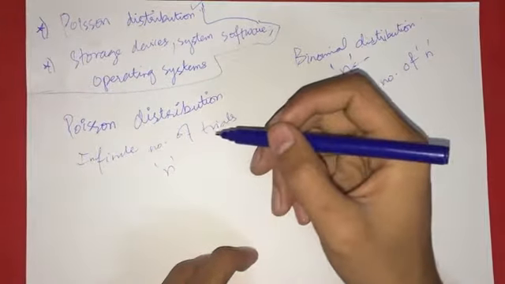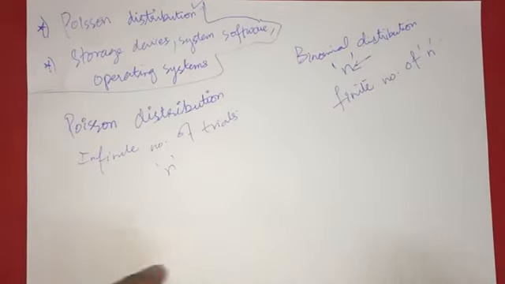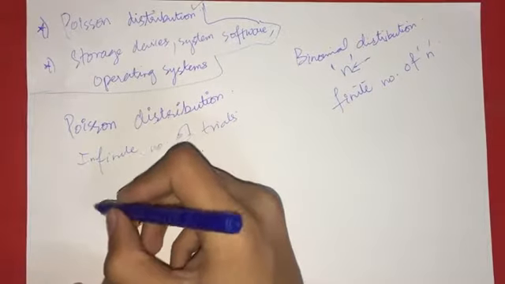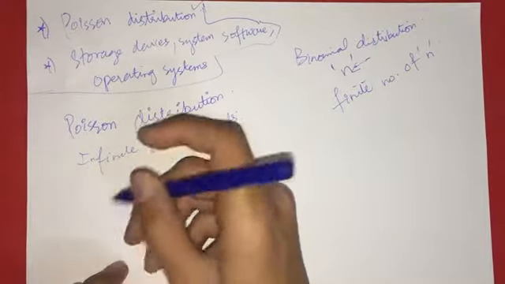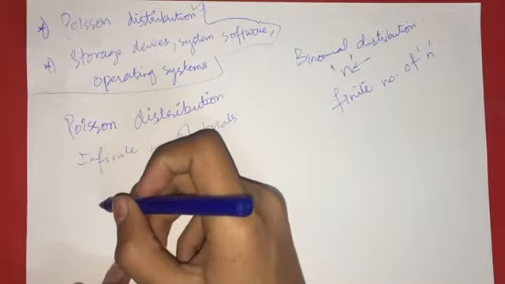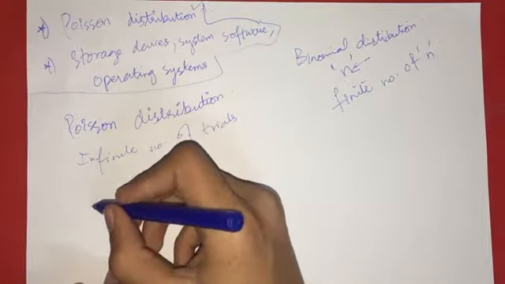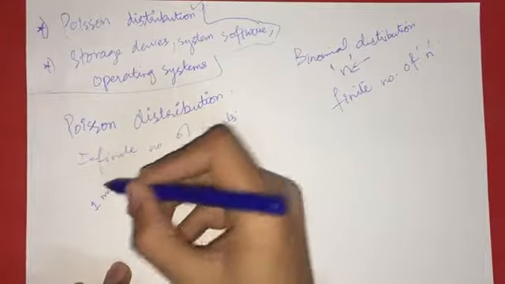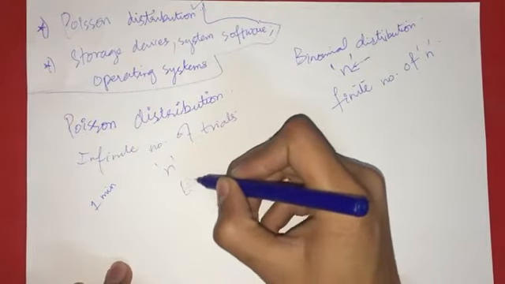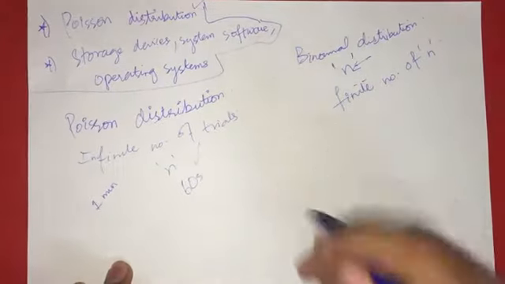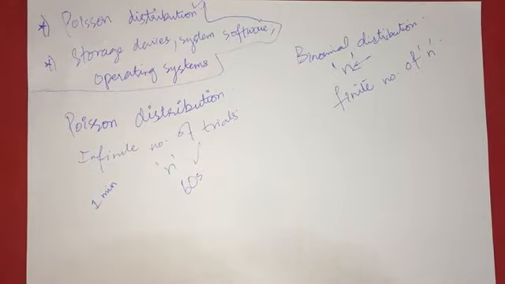But here, if I give you an example, for example, if I say what is the probability, or how many cars pass through a certain area in 1 minute, or you can say 60 seconds. Here you cannot say that in a single minute only one car can pass.